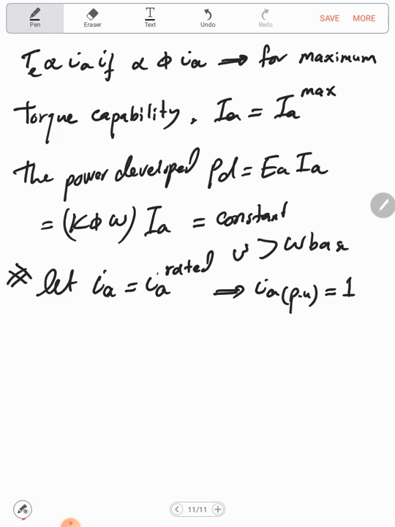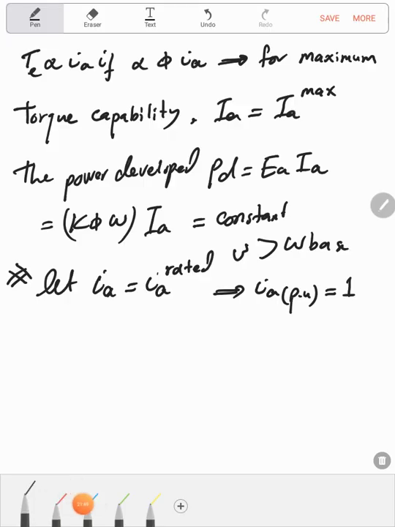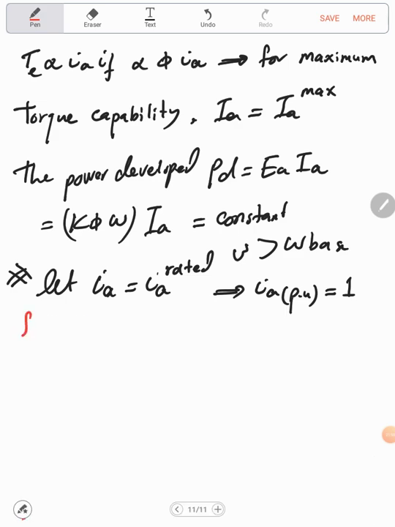And remember that if I need to calculate any function in per unit, the function in per unit will equal the actual function over the base function. And sometimes we have the actual over the rated.